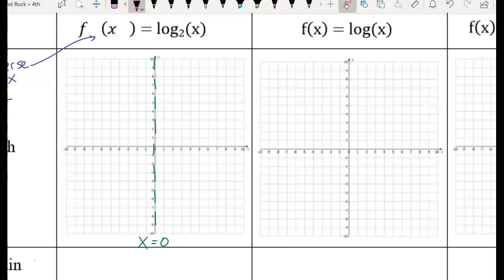Can't happen. How about 1? 1 is the easiest number to plug in. So I'm plugging in 1, meaning I'm asking what power do we raise 2 to equal 1? 0. So I'm plotting the point 1, 0.